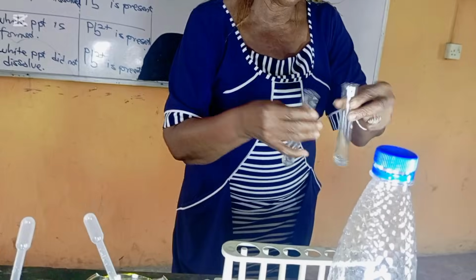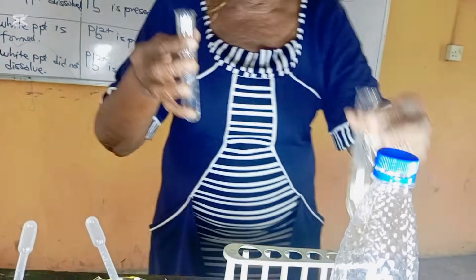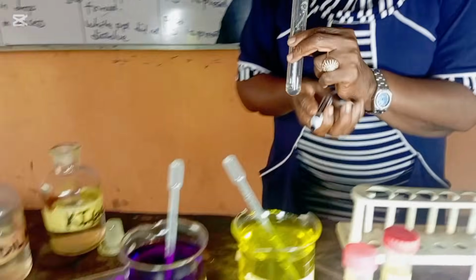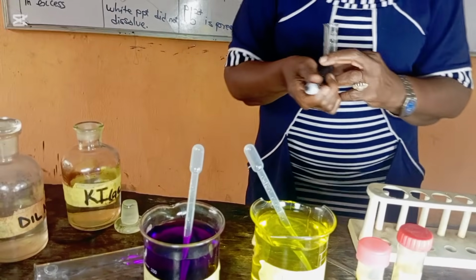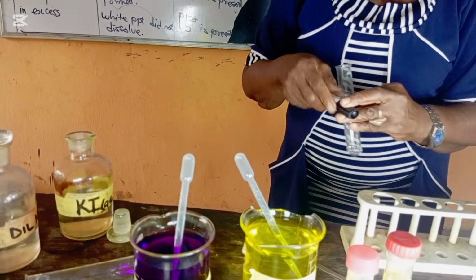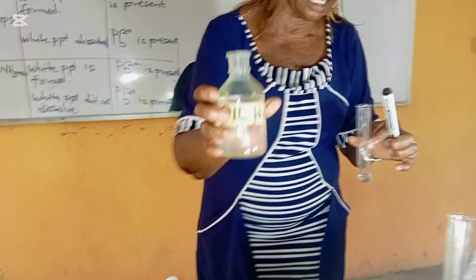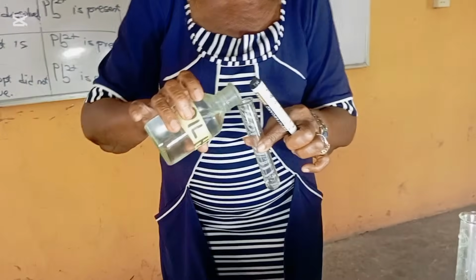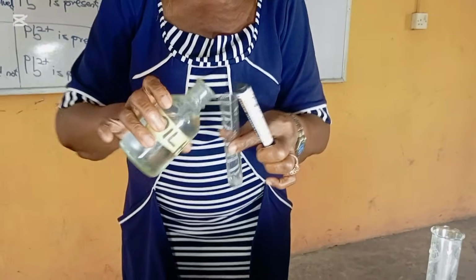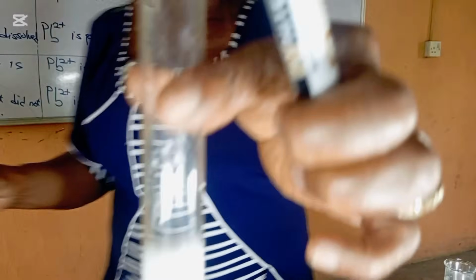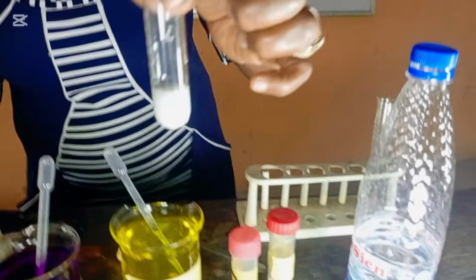So I'm okay with this quantity. They say I should add the dilute HCl. Of course, when you add it, you observe a white PPT.